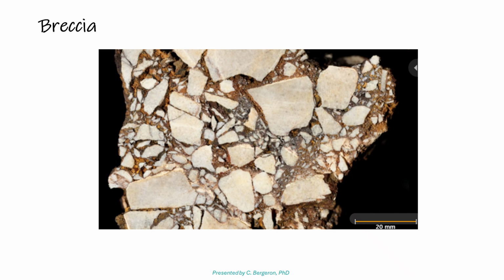So like streams, braided streams that maybe flood periodically. So they get moved, they settle, they get moved, they get settled. There's a wide range of energy because in order for grains to be moved, you need energy. And when you have a wide range of grains, you have a wide range of energy going through the system.